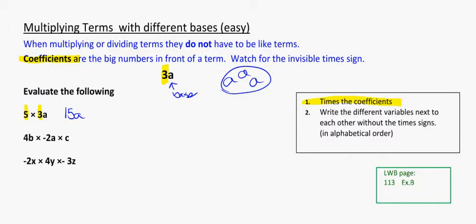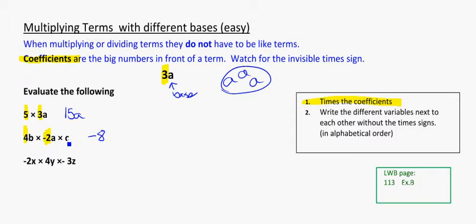Okay, let's look at the next example. Again, first step, you can just look at the coefficients or the big numbers in front and watch for the signs. So I have a -2 here. I've got 4b times -2a times c. I notice that the big numbers, 4 times -2, is going to get me -8.